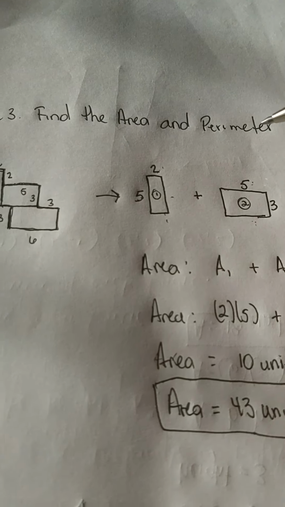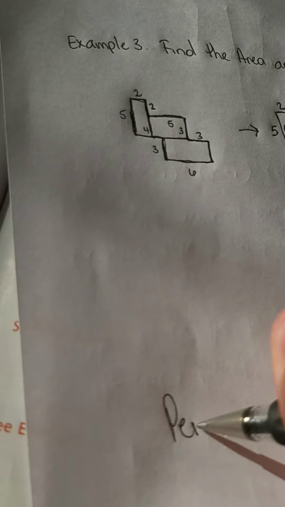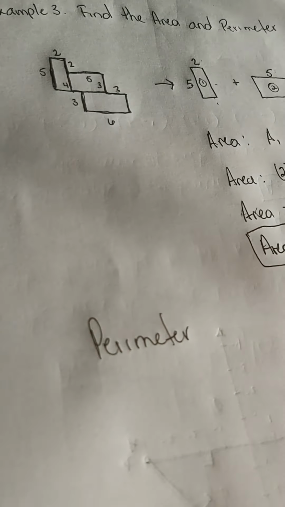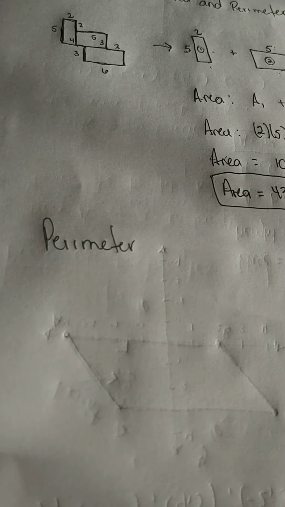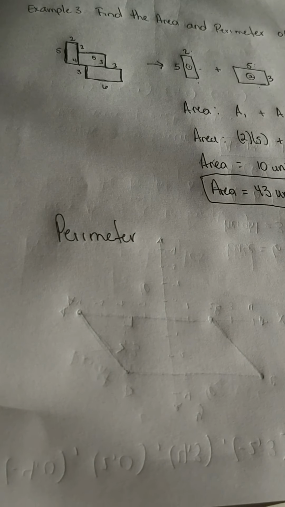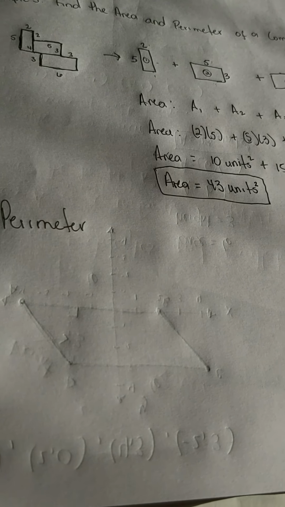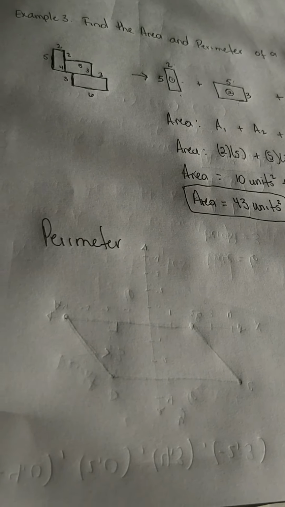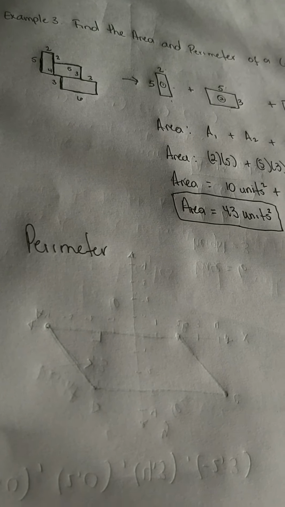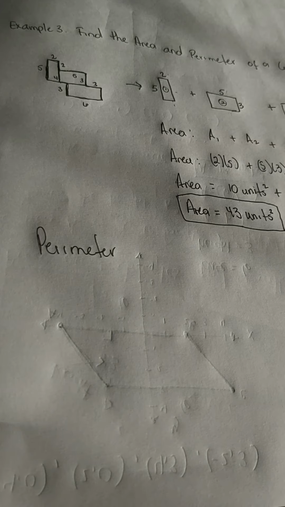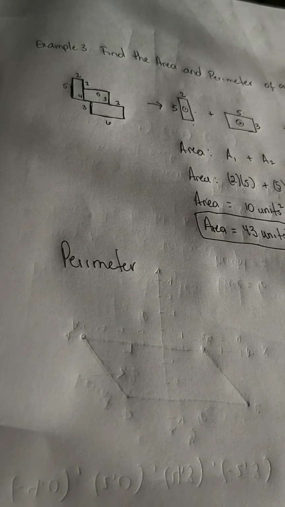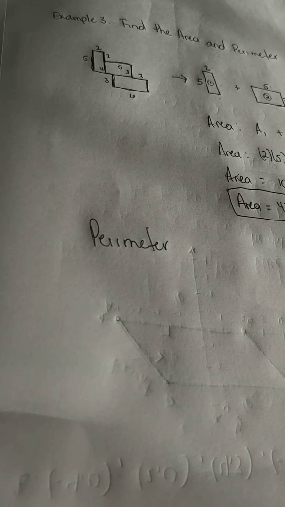We found the area. Now let's find the perimeter. By definition, perimeter is the sum of all the sides. Perimeter, the distance around the outside of a figure. That was our definition at the beginning of the lesson.